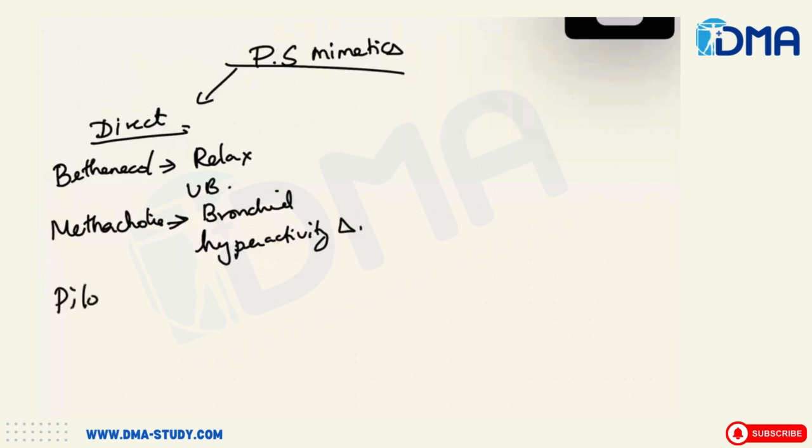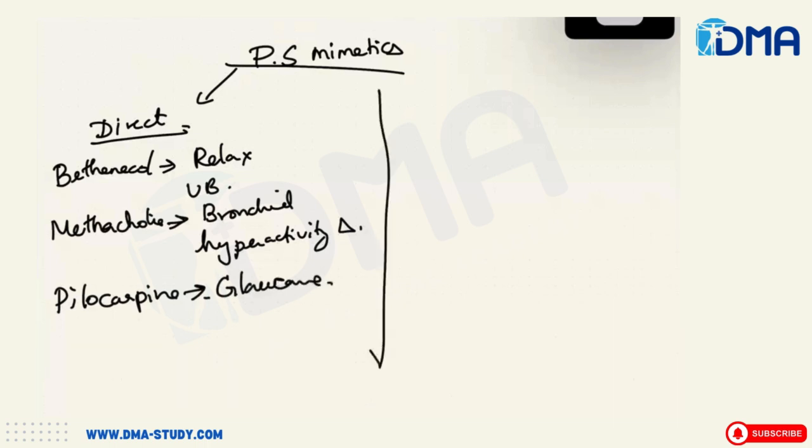Pilocarpine. Where is it used? Answer: pilocarpine is used to treat glaucoma. It causes miosis, right? So it is used in glaucoma. Then indirect acting: physostigmine.